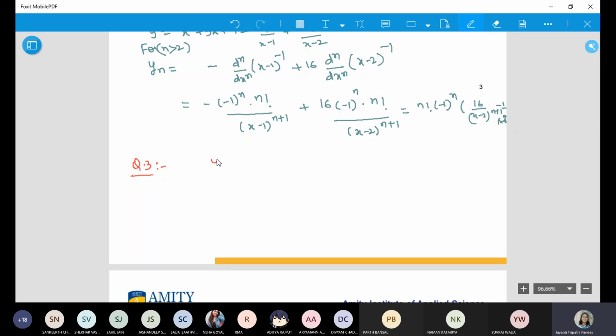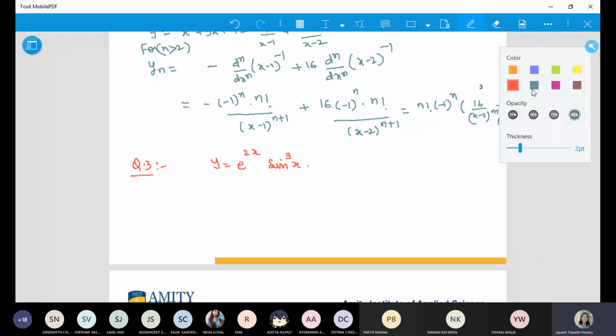Now you have y is equal to e to the power 2x sine cube x. Here also, since it is sine cube x, you need to focus on how to make it linear. So for that we will use the formula of sine 3x. What is the formula?